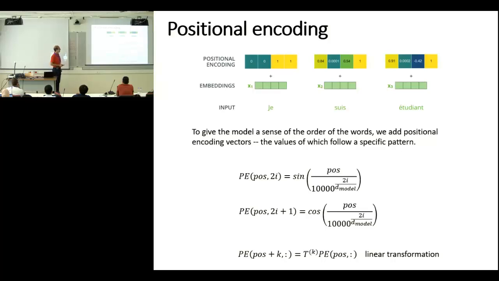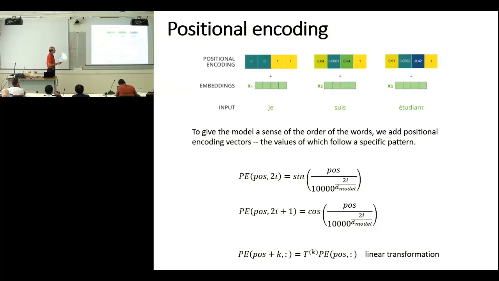However, self-attention only takes into account the word itself and does not take into account the position of the word in the sequence. And this is a serious drawback in the model.